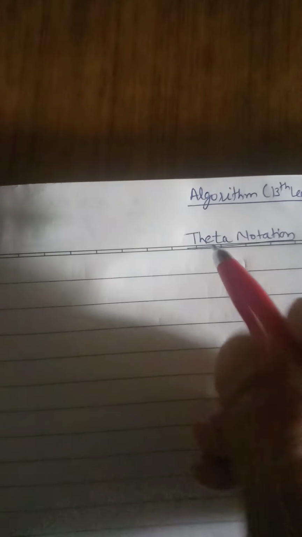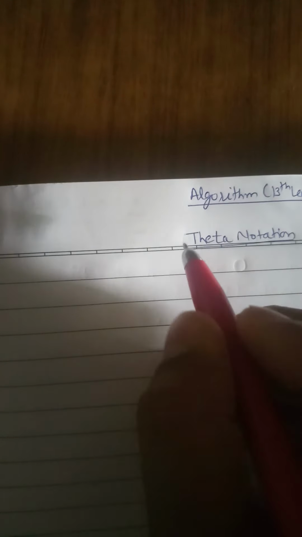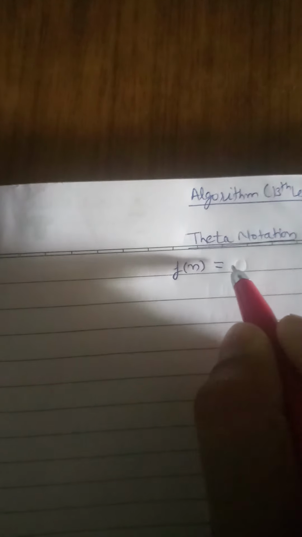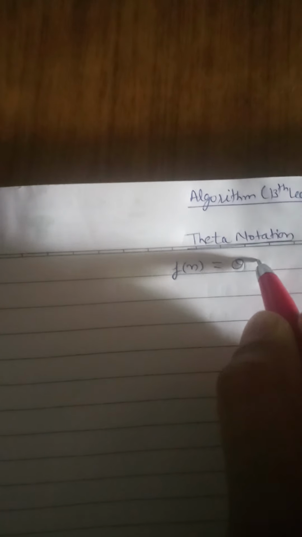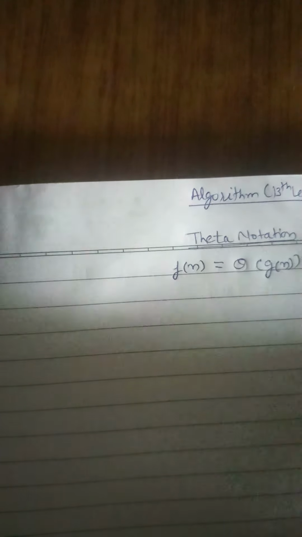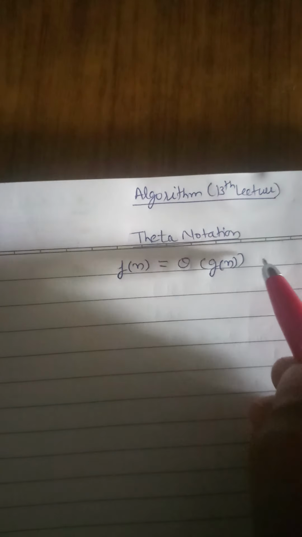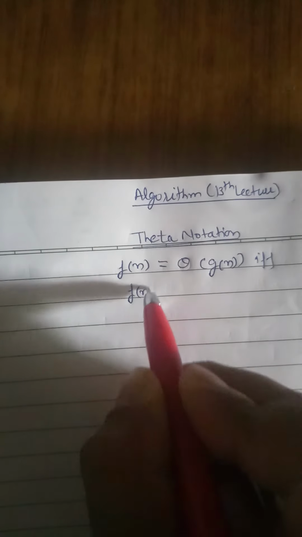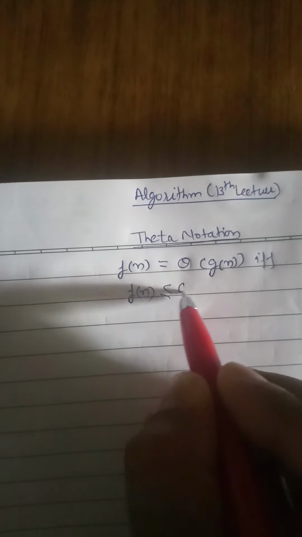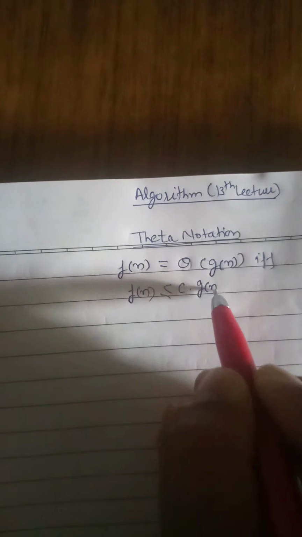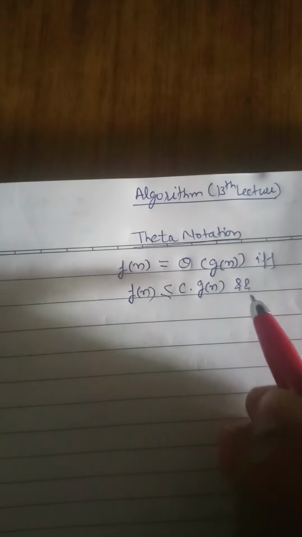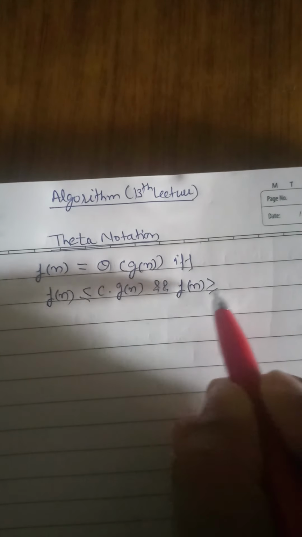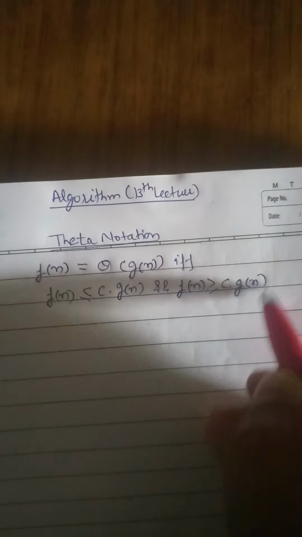Theta notation. When it is possible, f(n) is equal to theta g(n) if and only if f(n) is less than c·g(n) and f(n) is greater than c·g(n).